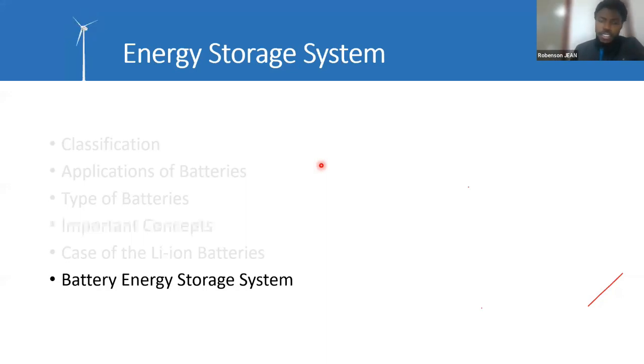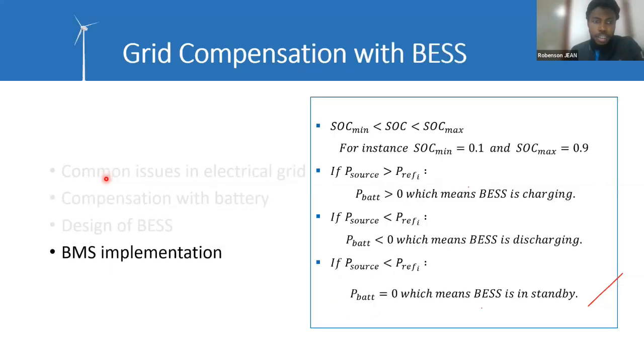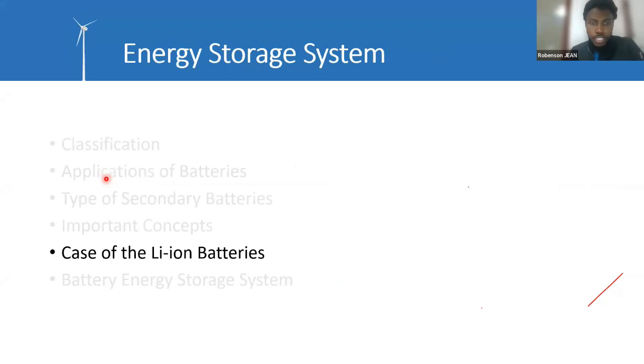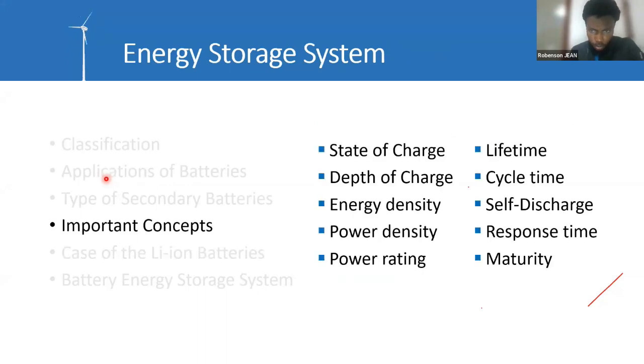As I was saying, there is some important concept that we have to understand when we are talking about battery energy storage systems. Here we can see that there are two important terms: the lifetime and the cycle time of the battery.